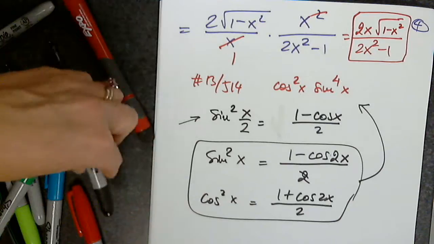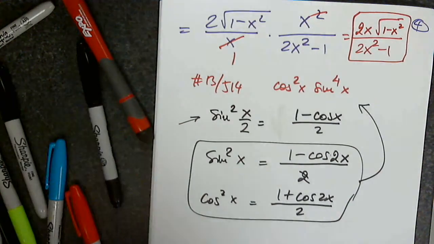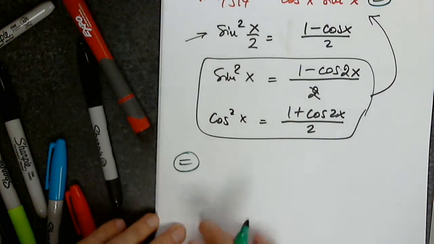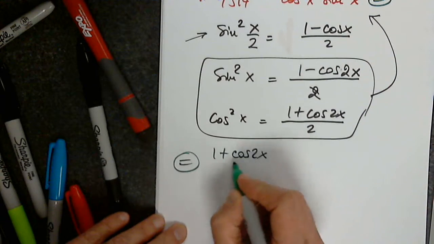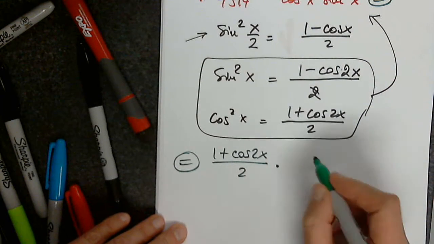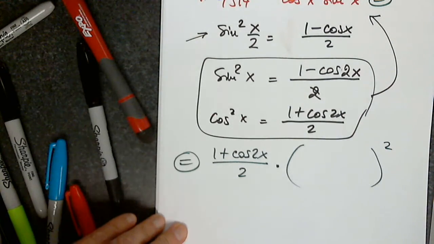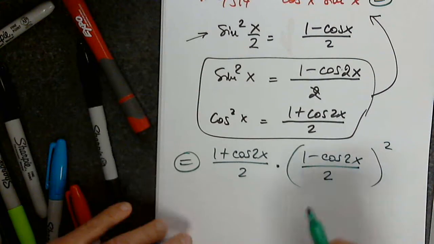Excellent. Yes. This is not a trivial problem. So let's do it slowly, because there is a lot of multiplication involved. So cosine squared, 1 plus cosine twice x over 2 times, I put the square so I don't forget, 1 minus cosine twice x over 2.